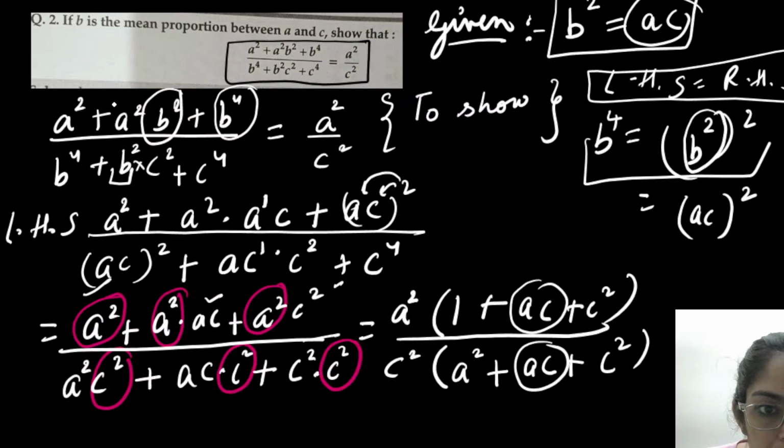I think I missed out something. So this is a square plus a square b square, and b to the power 4 is AC the whole square.